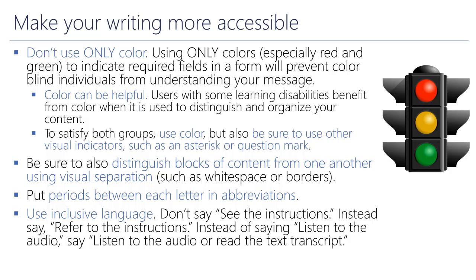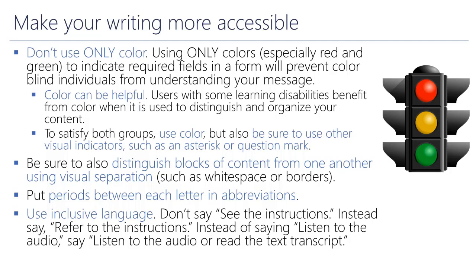Now, color can be helpful, but when you use color, think carefully about who might be reading your page and whether the contrast in the color that you're using is going to let them understand that that color actually means something. Another little tip that I did not know is that it's helpful to put a period in each letter in an abbreviation, because that helps a screen reader know that it's reading an acronym.